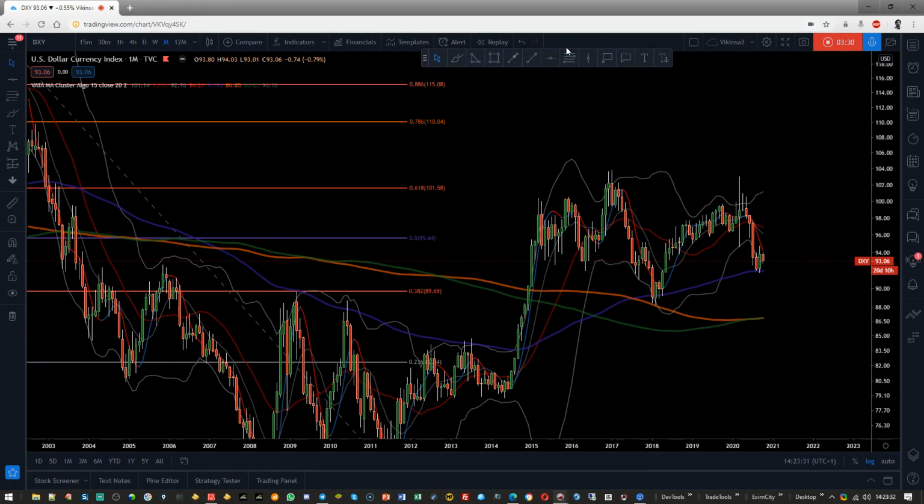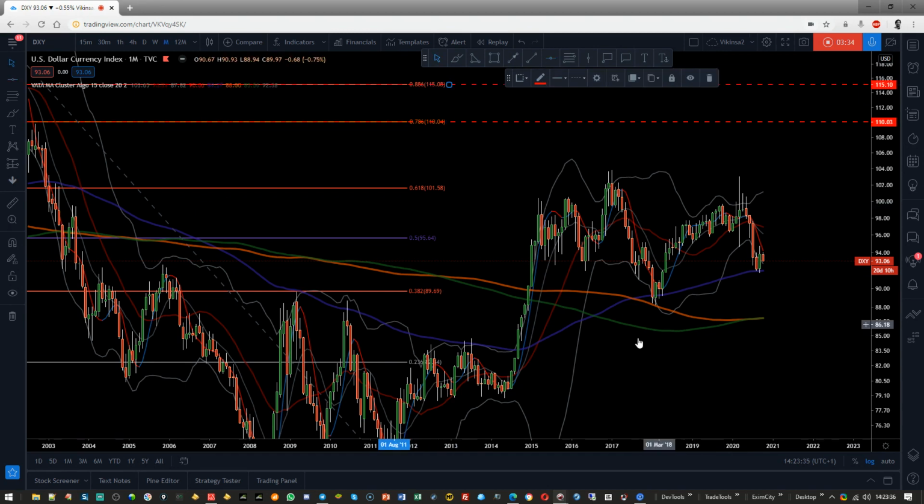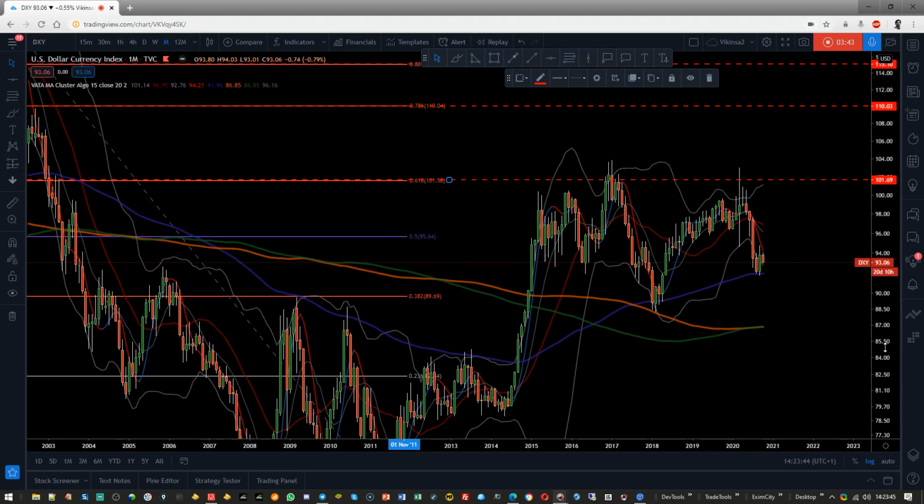That means at some point it can come to 78.6 or 88.6 to complete that W pattern. For now, the market is struggling with 61.8, which means it reacted to this and went back to test, and now it is falling back again.